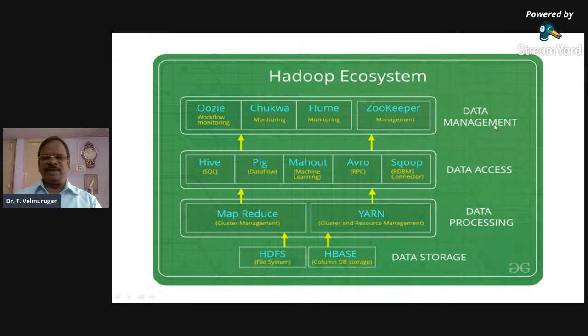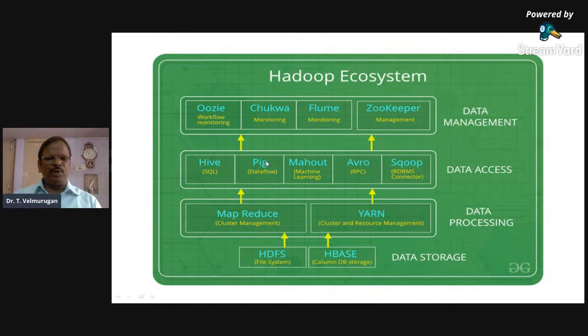For the management of the data in Hadoop, we use Oozie, Chukwa, Flume, Zookeeper. Very famous. Each and every system in this entire system is collectively called the Hadoop ecosystem.